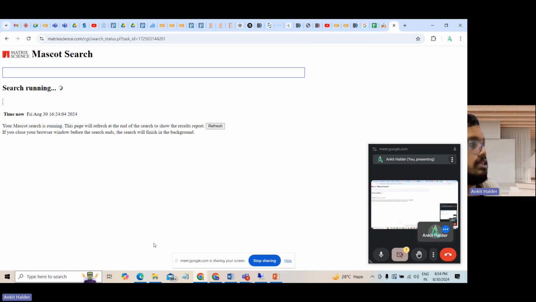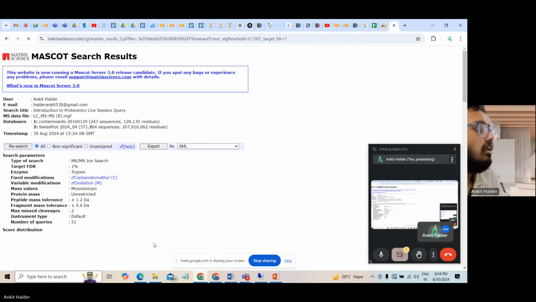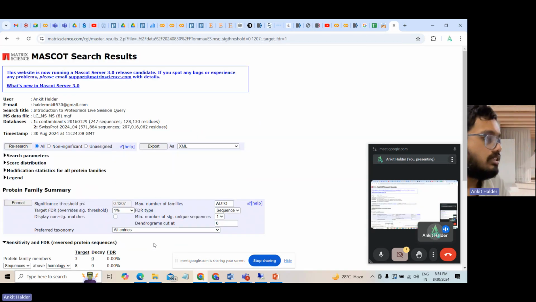So we are keeping the search running. The search has been running. Now you can see that we have got the results. You can do the PMF, the peptide mass fingerprinting, as well. I just showed it for MS/MS, because the data has MS/MS information.